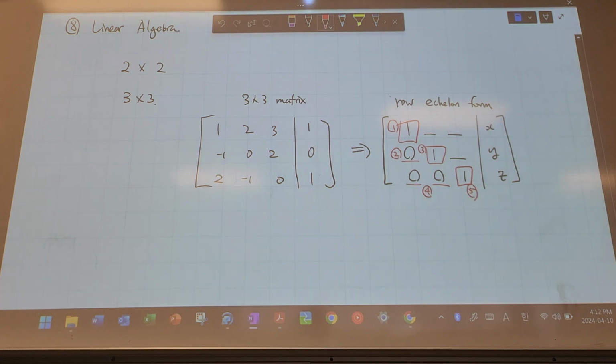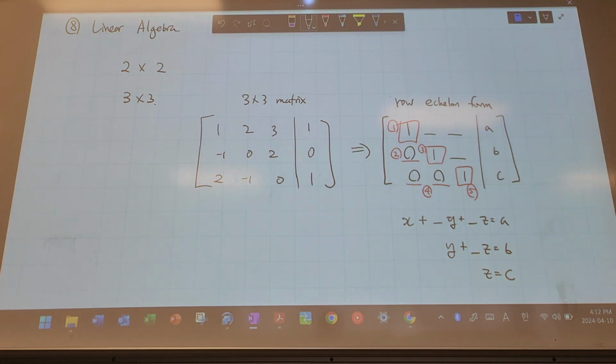Let's not use x, y, z, let's use a, b, c. It's going to be x plus something y plus something z is equal to a, y plus something z is equal to b, and z is equal to c. Then we can use the fact that z is equal to c to go back to the second equation. Now we only have one variable, so we can solve that. Now you know y and z, and you go back to the first equation to find x. So that's the basic idea of row echelon form.